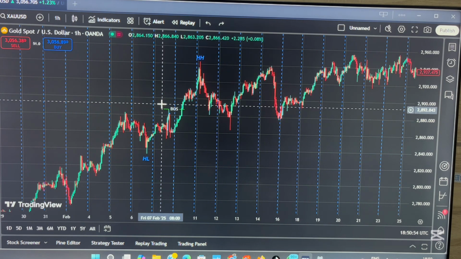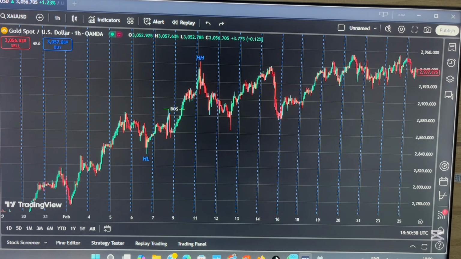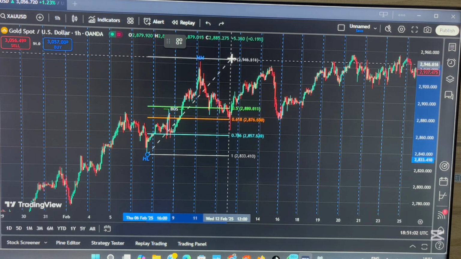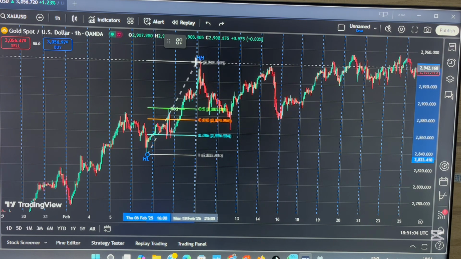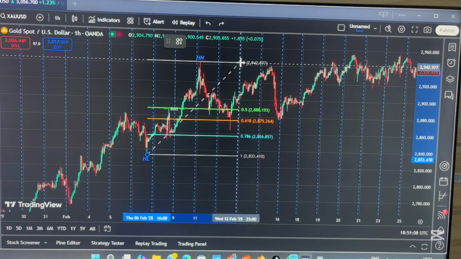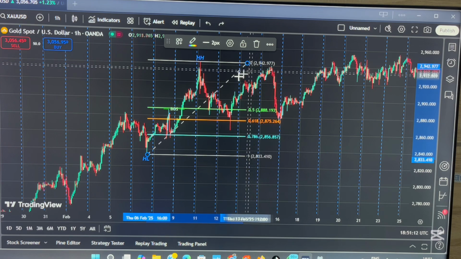Now, all you need to do is take your Fibonacci all the way from this low to this high. Placing it here, you will see that the Fibonacci also played out correctly.